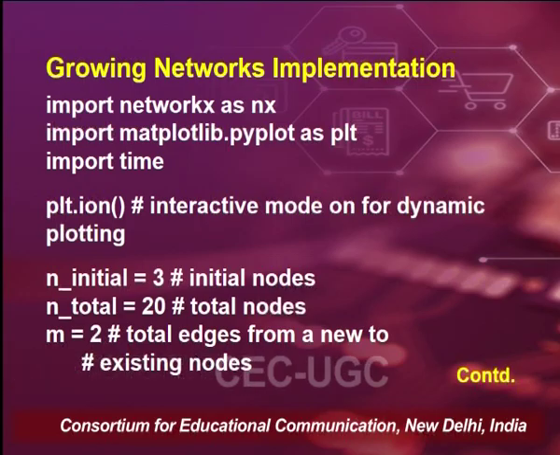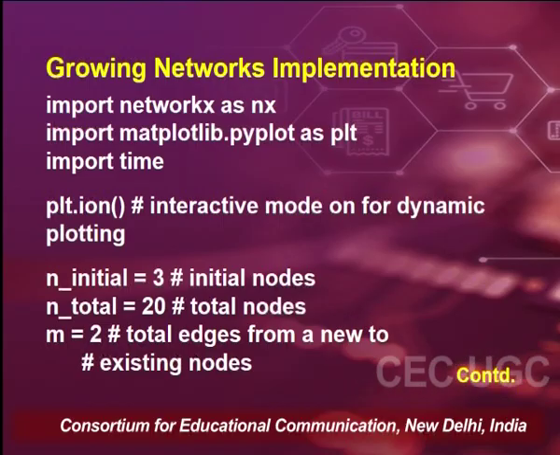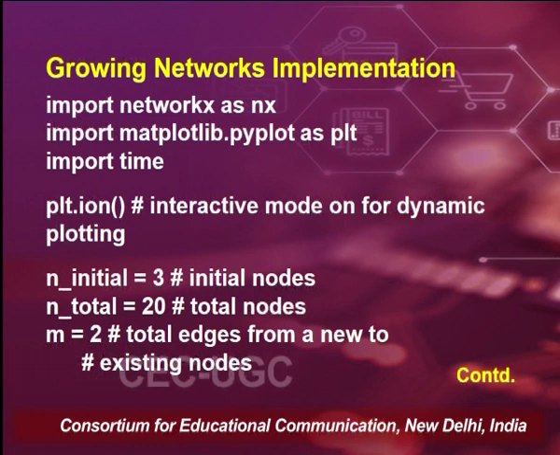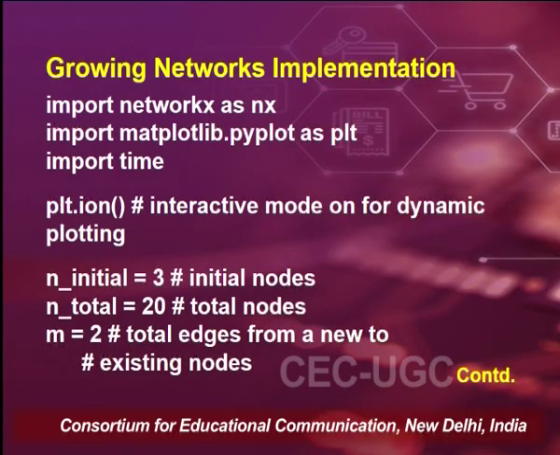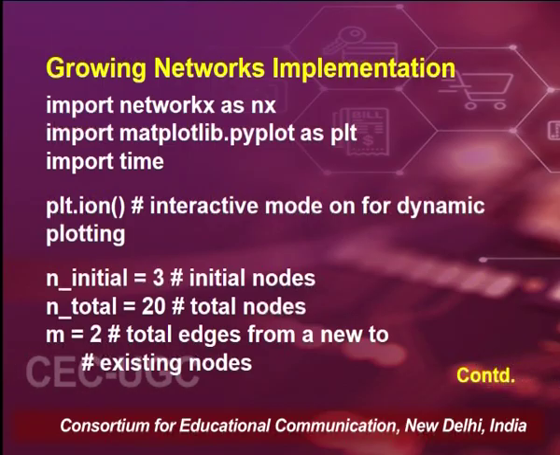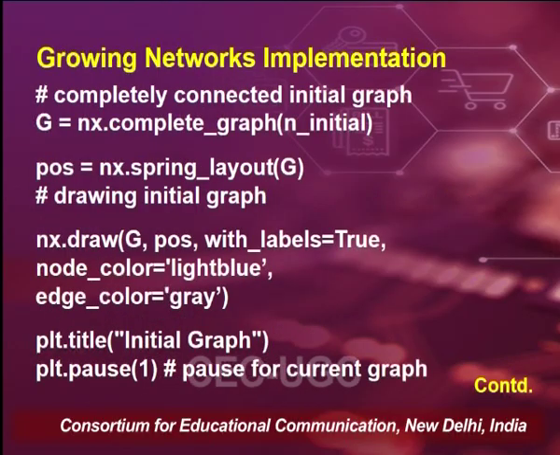And we assume that whenever a new node enters this closed community of initially 3 nodes, it tends to form 2 links with existing nodes. This keeps on repeating till the end of the simulation time is achieved. And then we start creating the graph. In this case, we first create a complete graph.